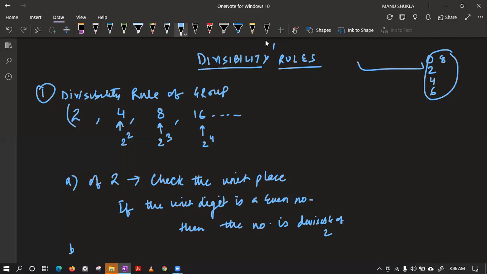Now in this group we have the divisibility rule of 4 also.